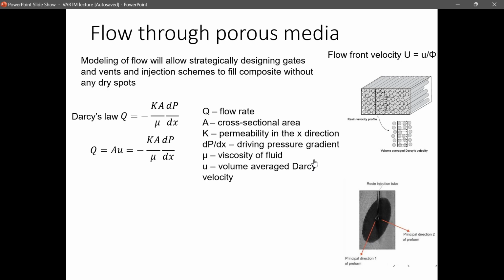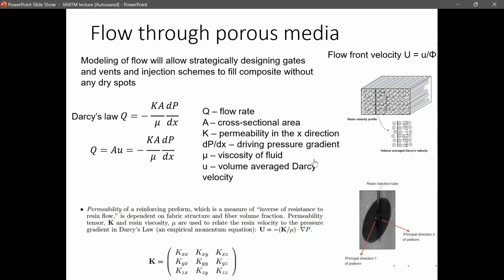We are not going to use the equation as it looks like right now. One thing you have to keep in mind is that the permeability is directional. Permeability of a composite material can be different in different directions.